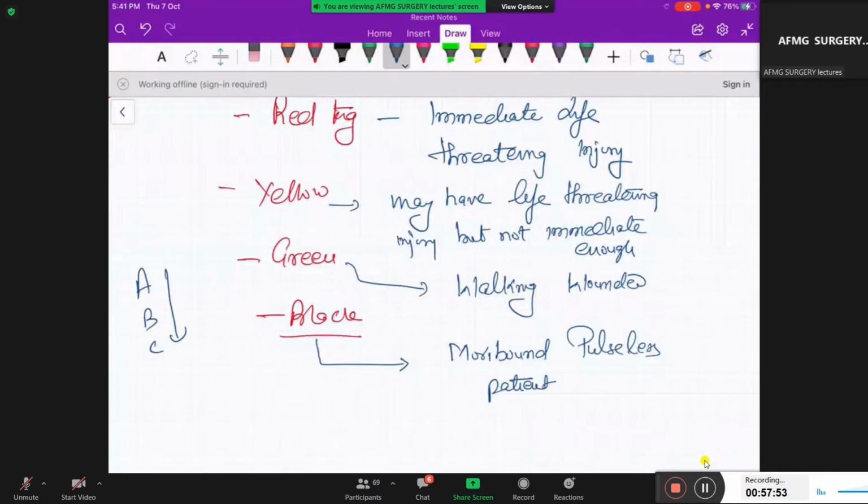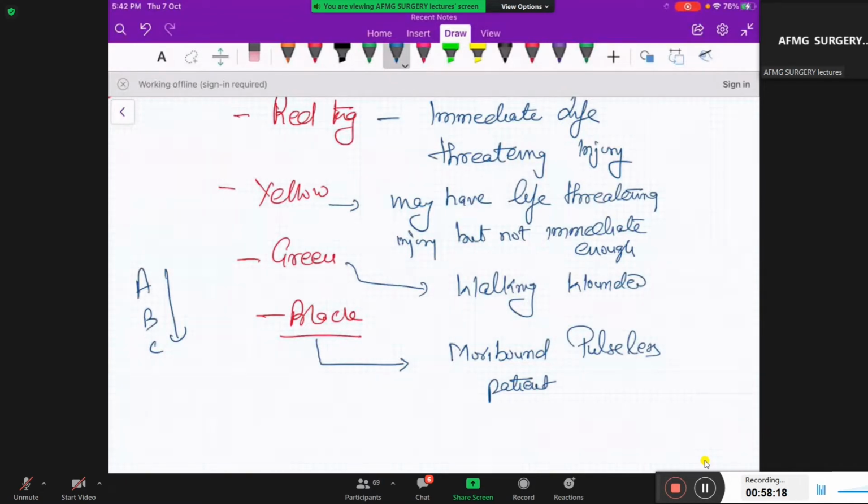Once you have taken care of all the yellow tag patients also, your black tag patient should become red tag. It's not that you gave someone a black tag, saying nothing will happen to him, so he is never attended. You have to go to a black tag patient also, but only after you have taken care of red and yellow tag patients.